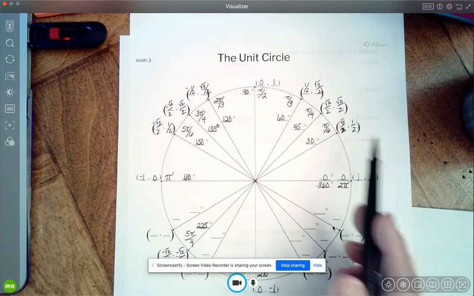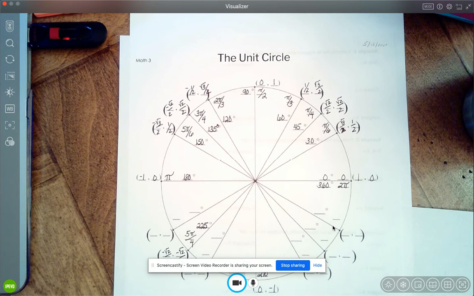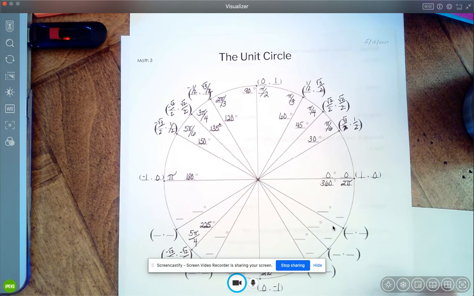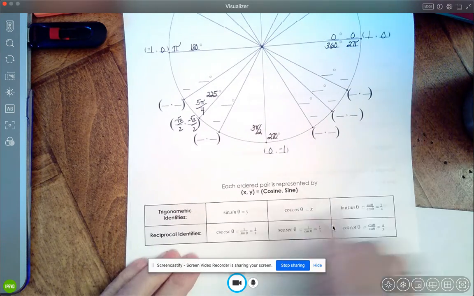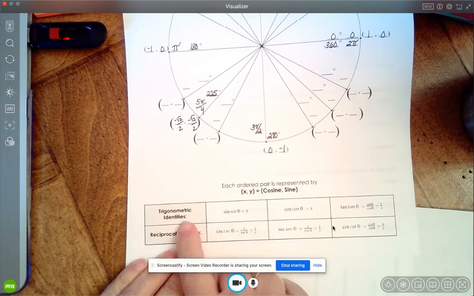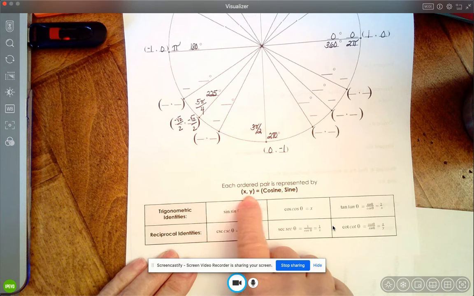I want you to continue with these and fill in this chart today. The video has been long and I apologize for that. Remember, all these down through here, the sine value will be the y and the cosine value will be the x.